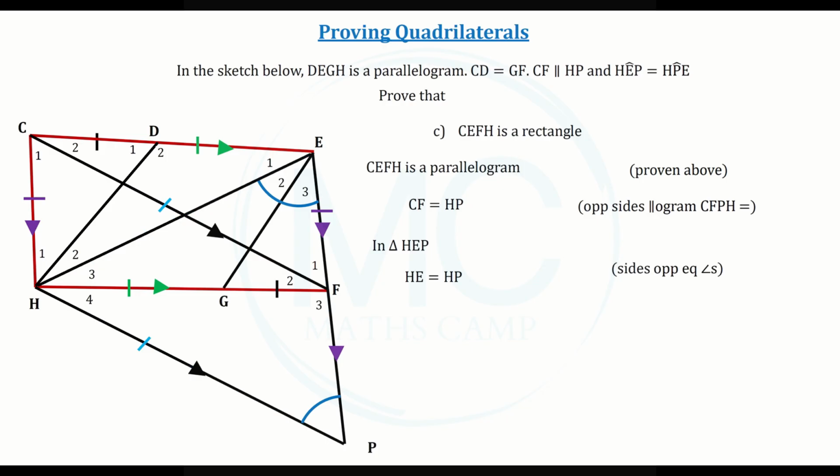There is a small blue line on HP, so let's put a small blue line on HE as well to show that these lines are equal. Now we can see that CF is equal to HP and HE is equal to HP, which means that CF must be equal to HE.